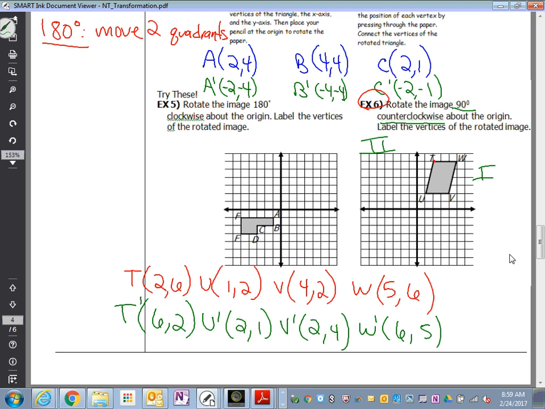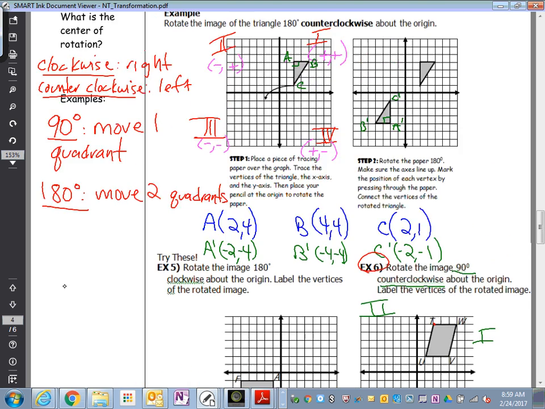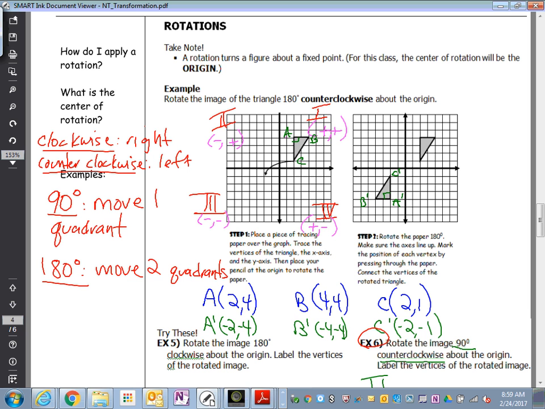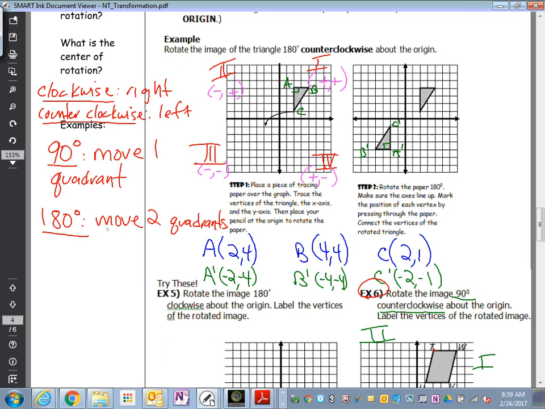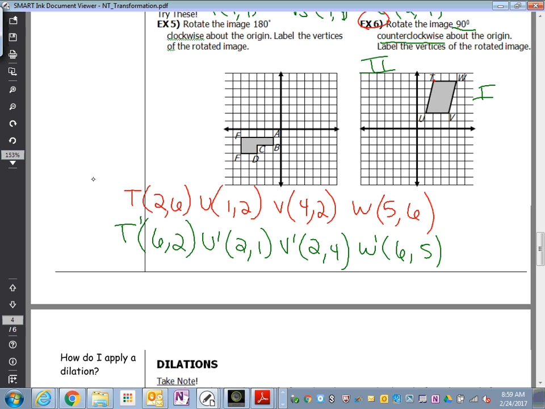Now, since we are ending up in quadrant 2, remember back up here, the signs are going to be negative, positive. X will be negative, Y will be positive.